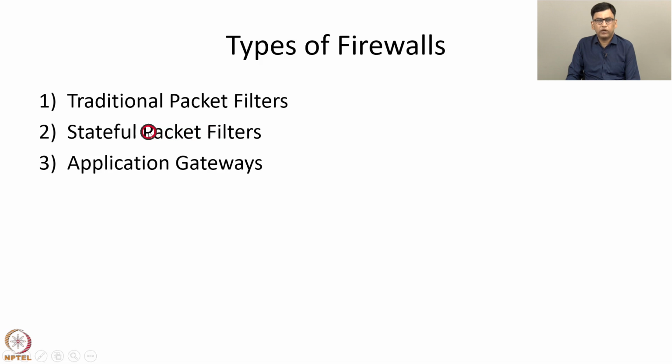And based on this state knowledge of which TCP connections are active, they take decisions on whether to block or pass packets. And then there are application gateways which are specific to different applications, such as telnet and web. So there are different application gateways for different applications. We'll discuss these three types of firewalls in detail.